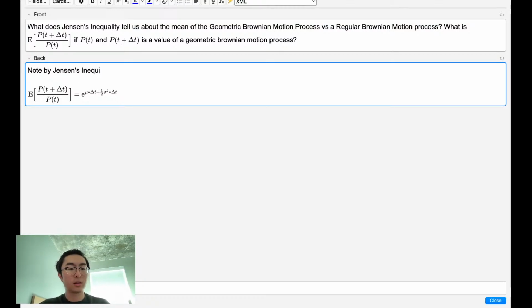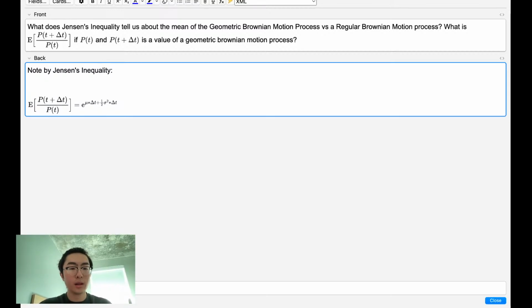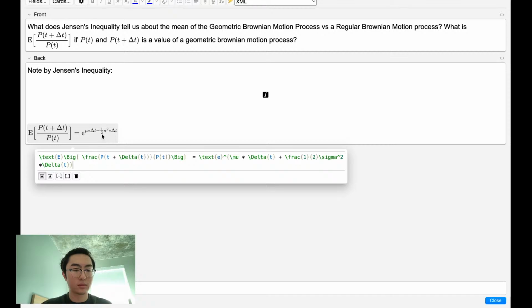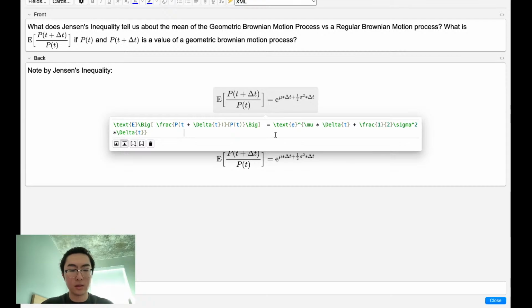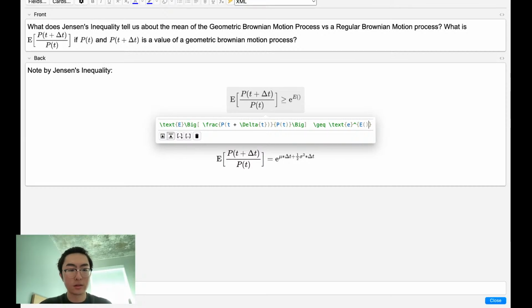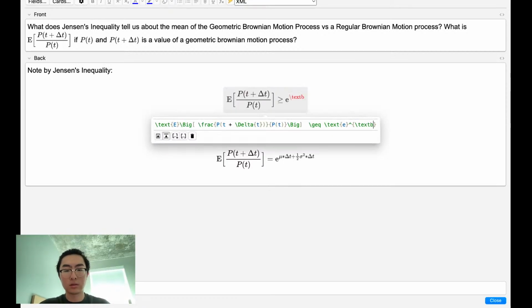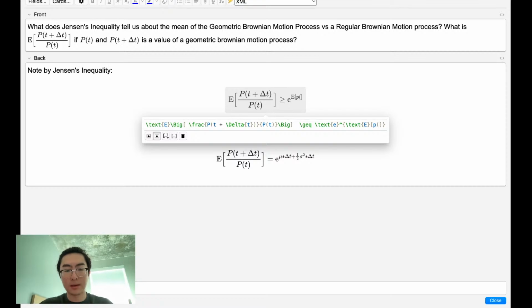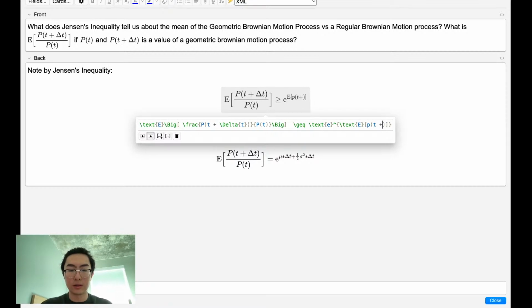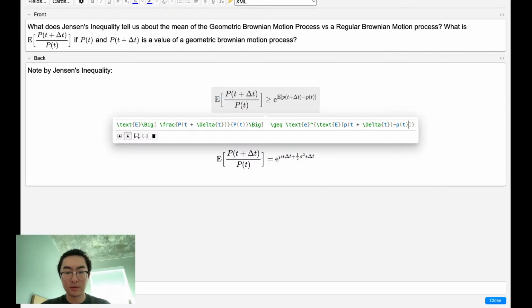By Jensen's inequality, we have the expectation is greater than or equal to the expectation of P of t plus delta t, so that's one value of our Brownian motion, minus P of t.